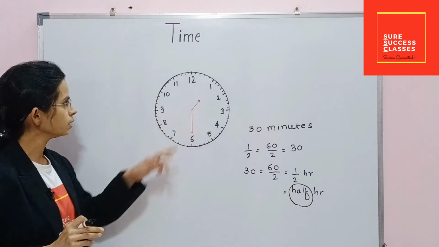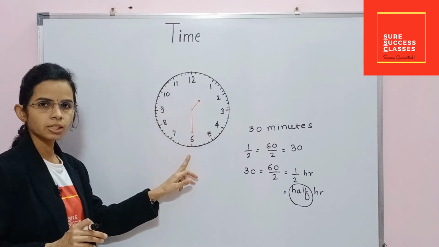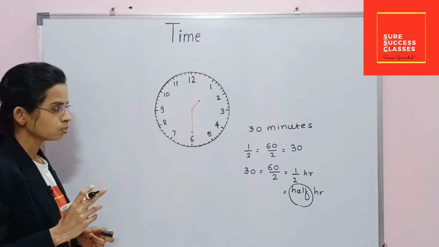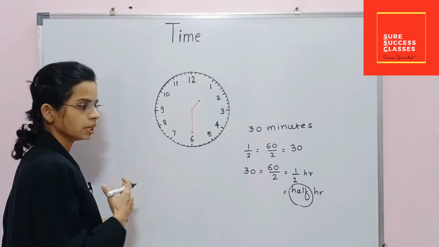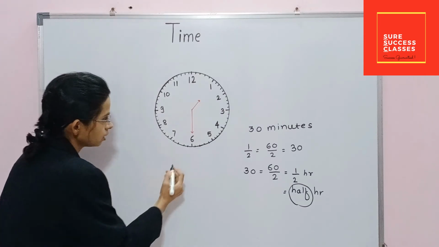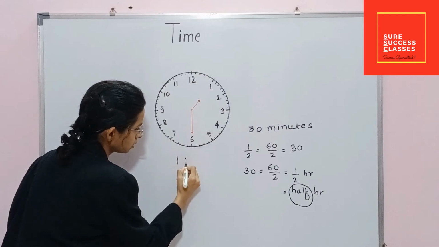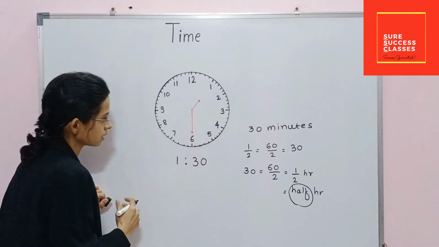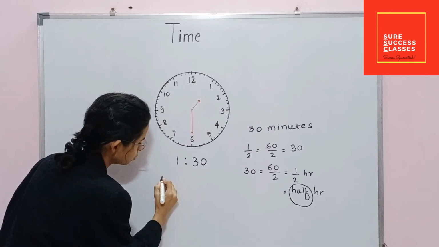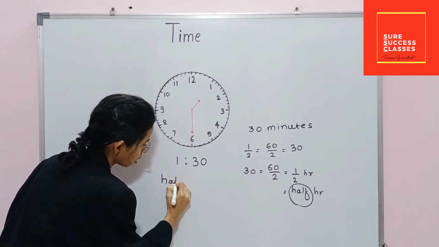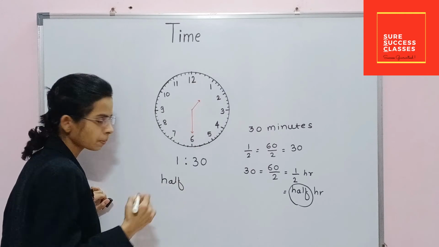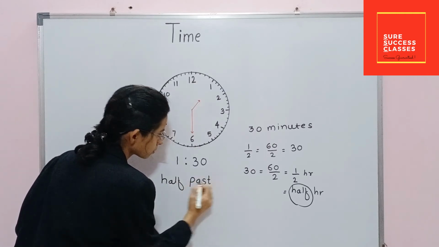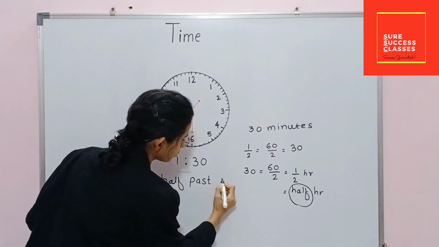So when we tell the time at this position, we use the word half, and when the minute hand is between 12 to 6, at that time we use the word past. These both words we use when we tell the time. Here the time is 1:30, and when we tell this time we use half past, whatever may be the hour.